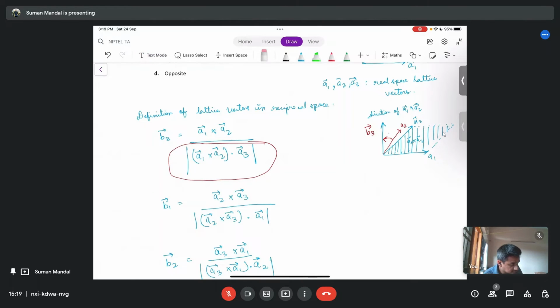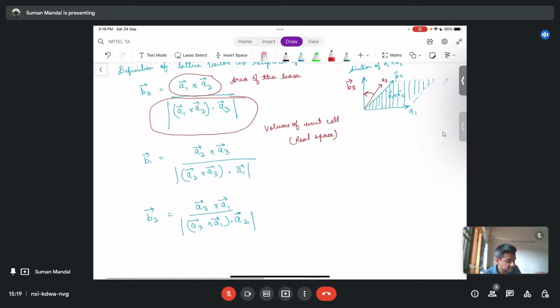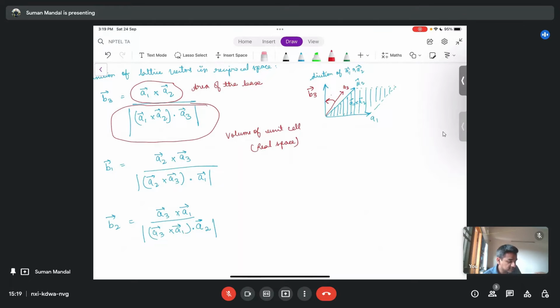It's the volume of the unit cell in the real space, and this term is the area of the base. So if we write it, we take the dot product of a3 along this vector.